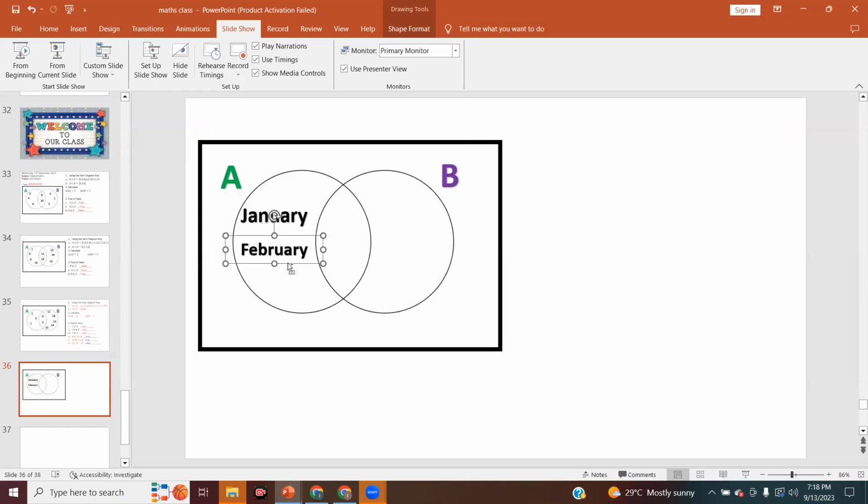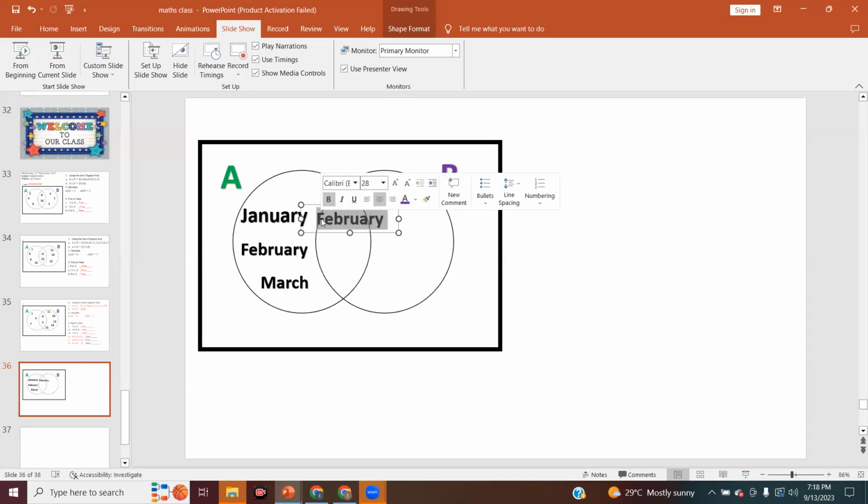And then finally, the last one is March. Anybody's birthday in January, February, or March? Anyone? I am. All right. Good. Now, let's have April in the middle.